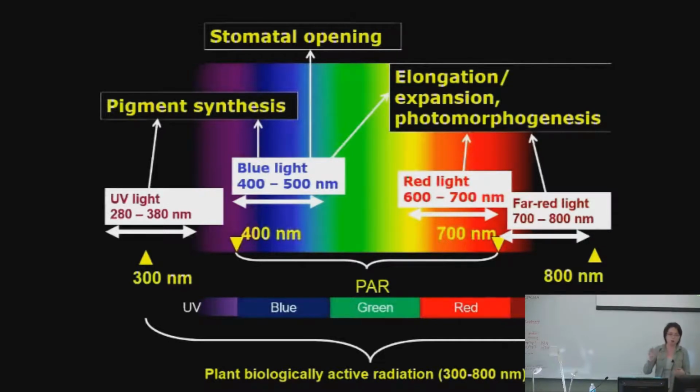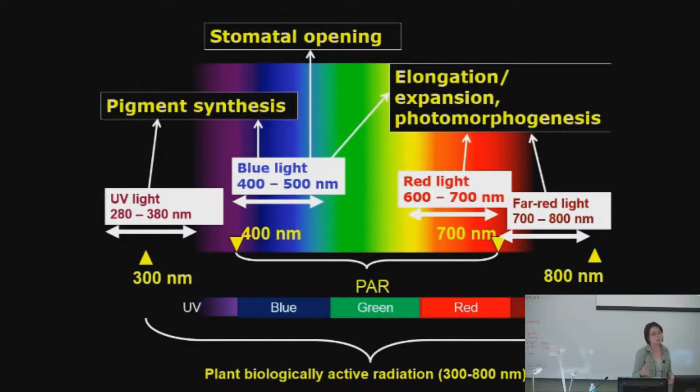Okay, and then a more complicated thing, which is top-notch science in plant science: those receptors seem to interact with each other. So that is super complicated plant physiology. So right now, researchers are working on how those receptors interact and what the result is for the plant response. So a lot of study is going on.